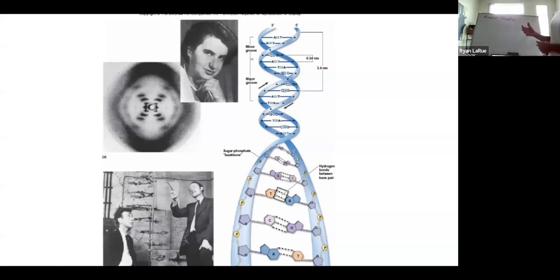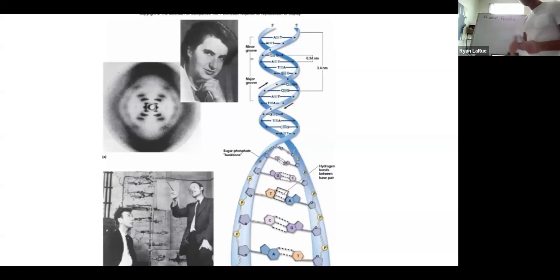So the very first image of DNA is actually shown here as well. Actually, I can use my mouse. Here it is. One of the most famous images in biology. And you can see it's kind of this X-shaped image.